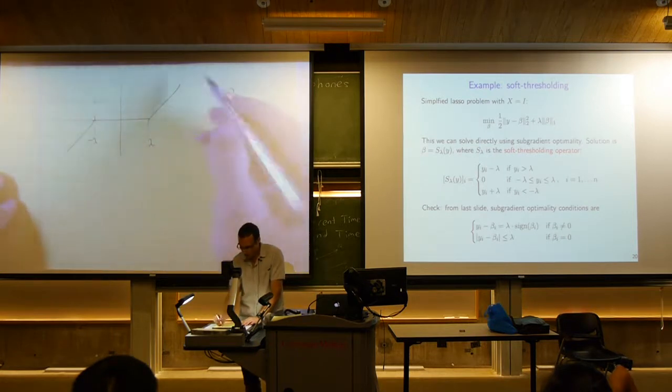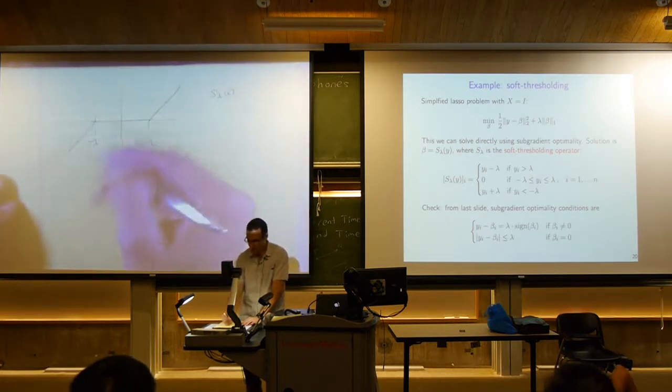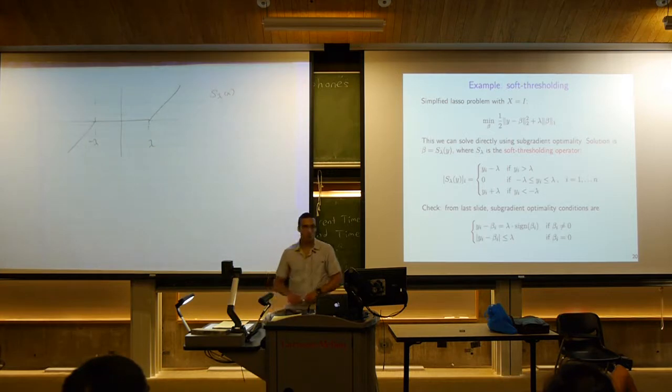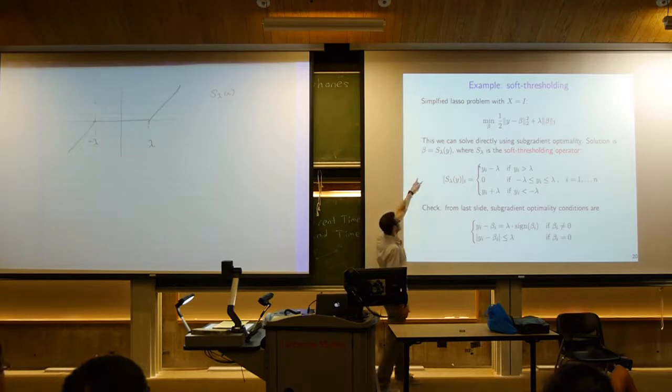When x is bigger than lambda, it returns x minus lambda. And when x is smaller than minus lambda, it returns x plus lambda. Okay, so the solution to this problem, it turns out, is just given by soft thresholding every component of y, one at a time, and then declaring that beta is the result of doing that on each component.